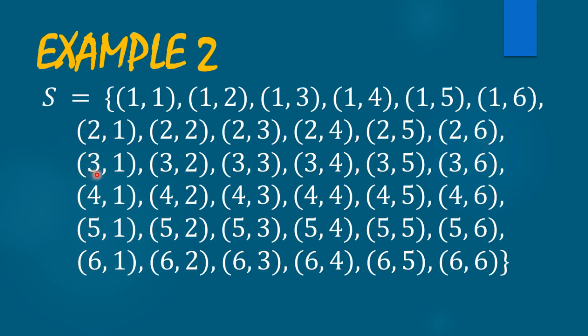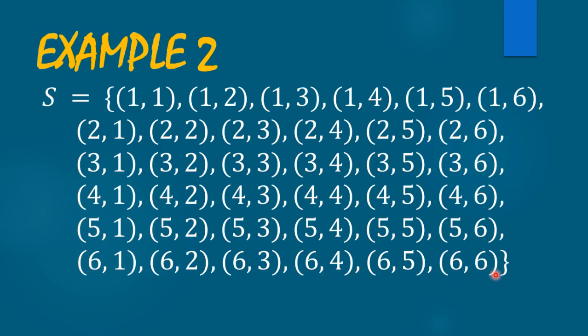And then we have 3,1; 3,2; 3,3; 3,4; 3,5; 3,6; 4,1; 4,2; 4,3; 4,4; 4,5; 4,6; 5,1; 5,2; 5,3; 5,4; 5,5; 5,6. And then we have also 6,1; 6,2; 6,3; 6,4; 6,5; and 6,6.